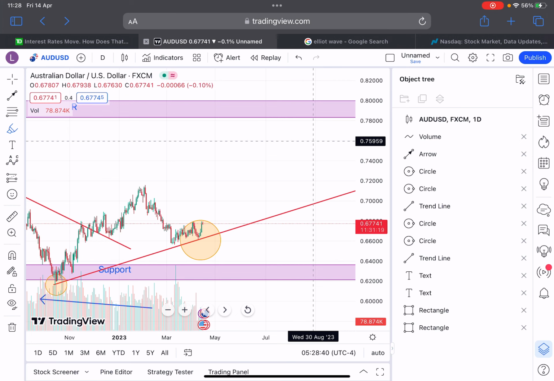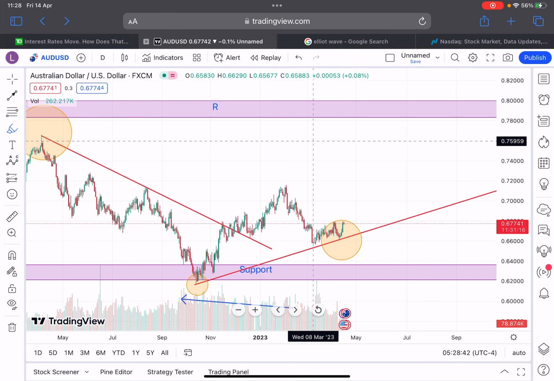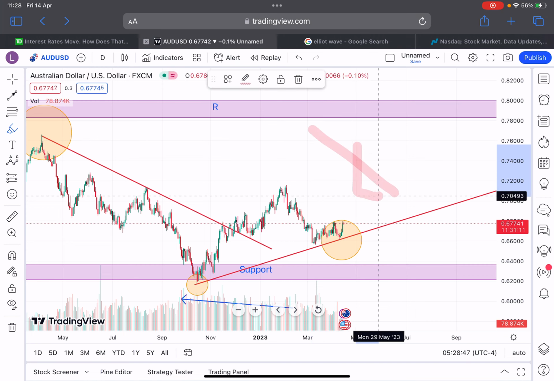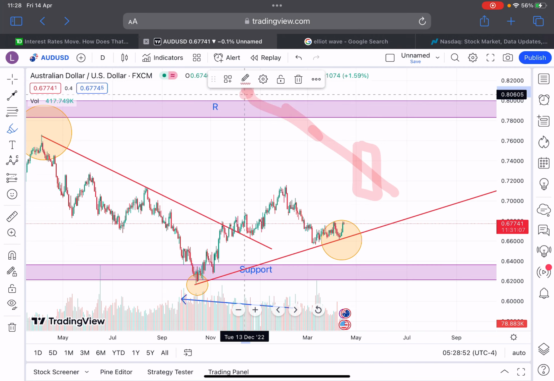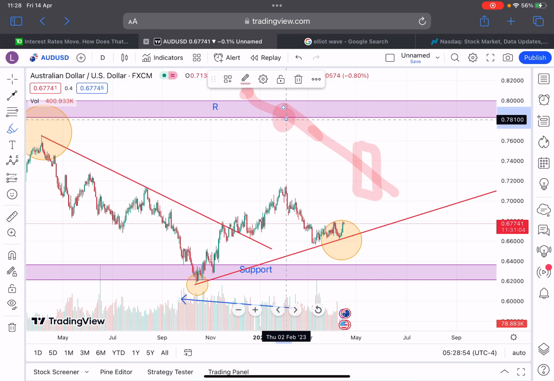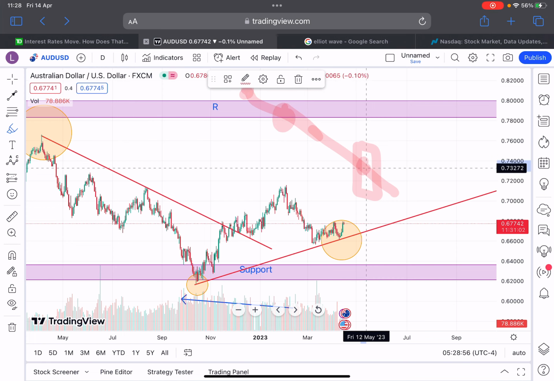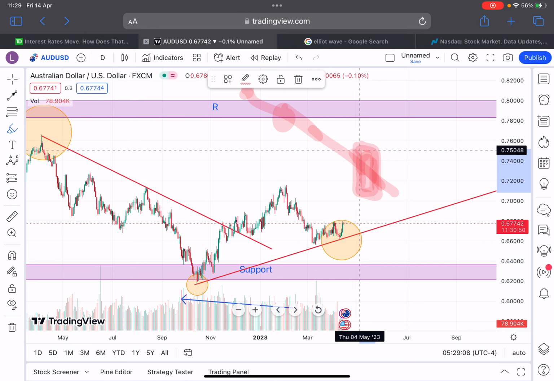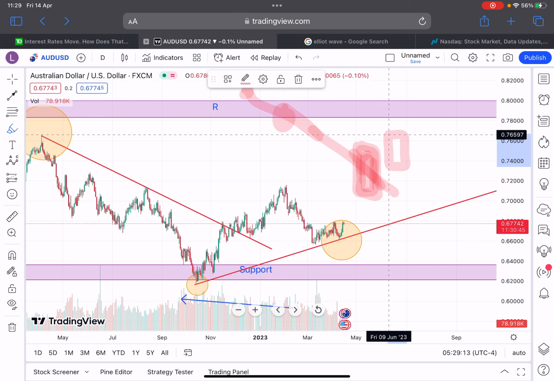Alright, so your confirmation on touch 3: I said your trend line has to cross a candlestick body on touch 3. Let's say your trend line has touch 1 here and touch 2 here, and on touch 3 your trend line has to cross the candlestick body, and the second candlestick that will be formed following this candlestick crossed by the trend line has to be formed outside this trend line.